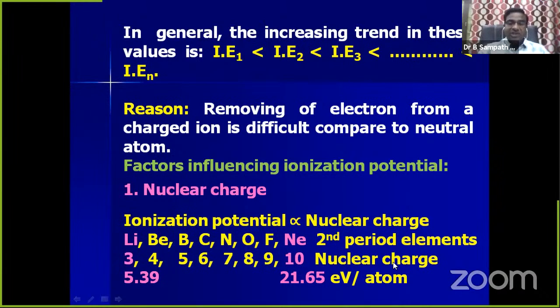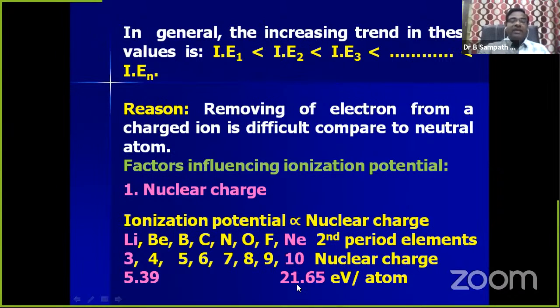Here, nuclear charge is increasing from left to right in a period. So when nuclear charge increases, see the ionization potential value of lithium I have given here, 5.39 electron volts per atom. And what is the ionization potential value for neon?